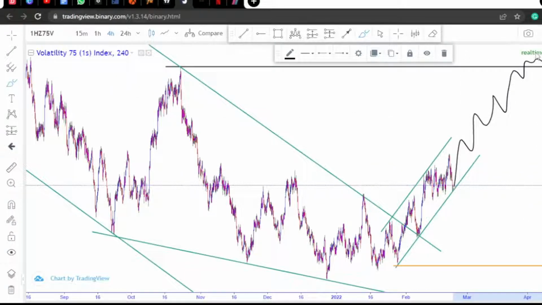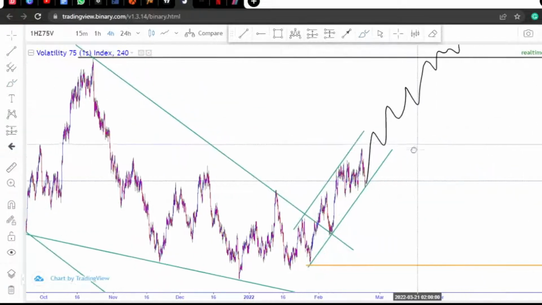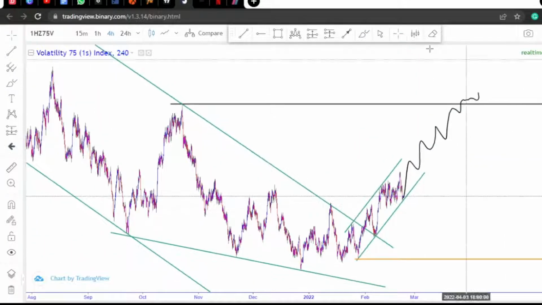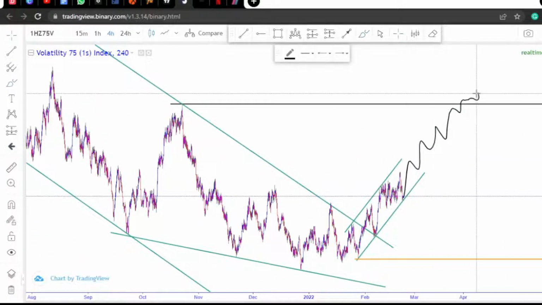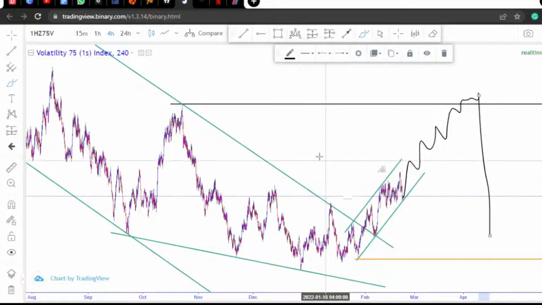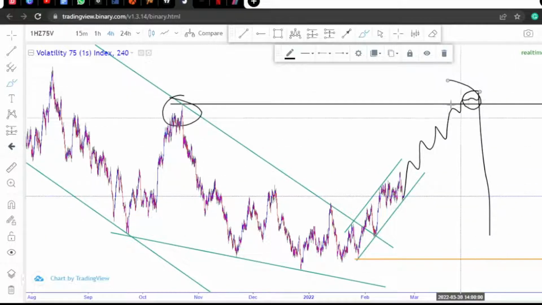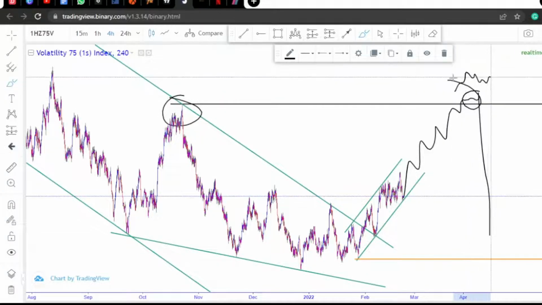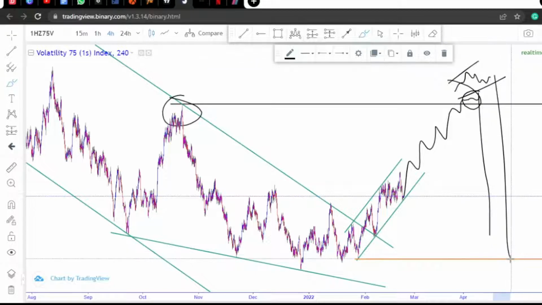Then it will come down this way. Let me show you. I'm anticipating that it might come all the way here and create a double top here. Then it will break and give us some sort of reversal pattern. Then we see a fall to the downside.